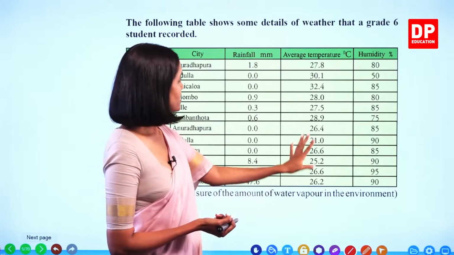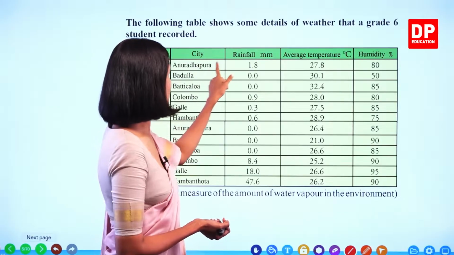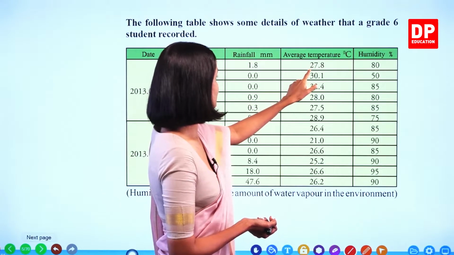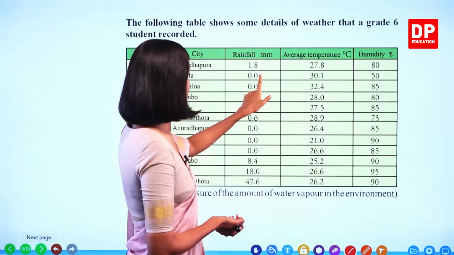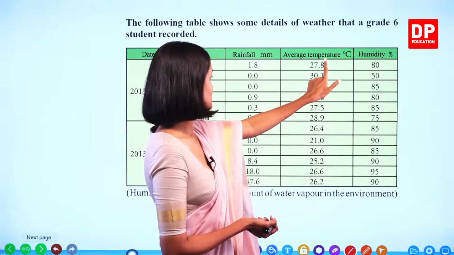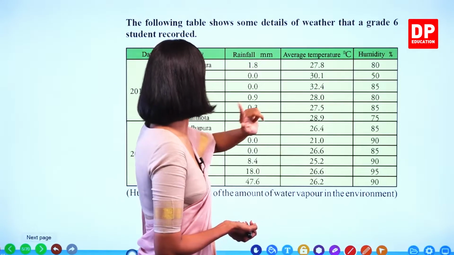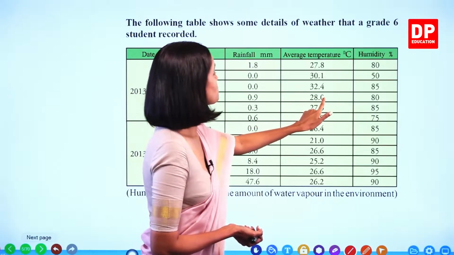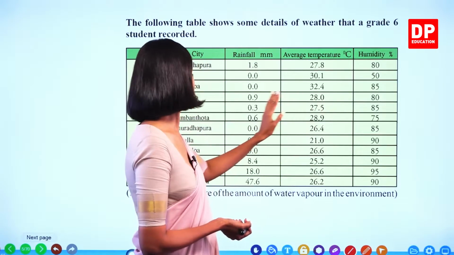Let's go through the temperature. So the first day, the 17th, Anuradhapura temperature is 27.8 degrees Celsius, right? Badulla 30.1 degrees Celsius. Batticaloa 32.4. Colombo 28.0. Galle 27.5.